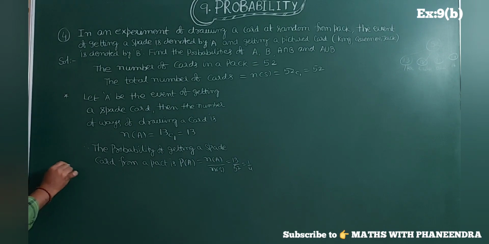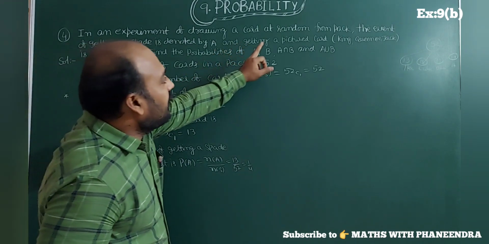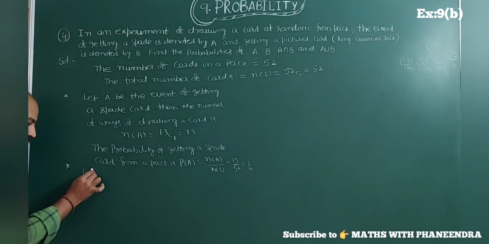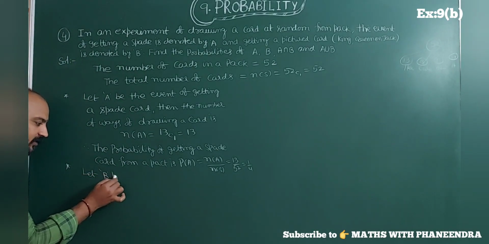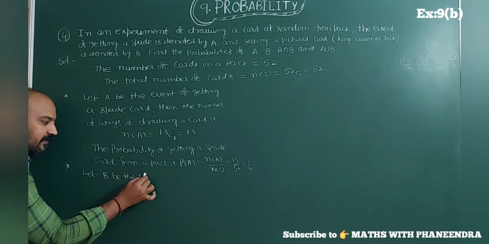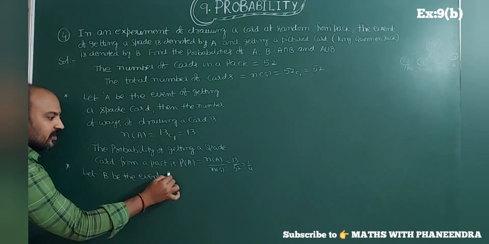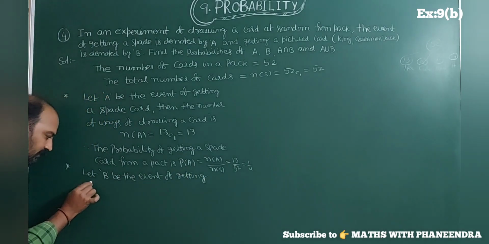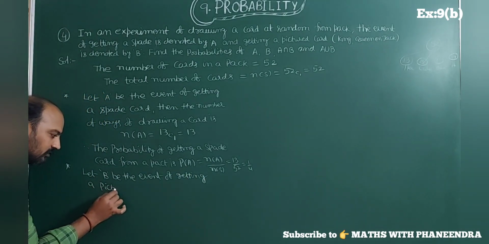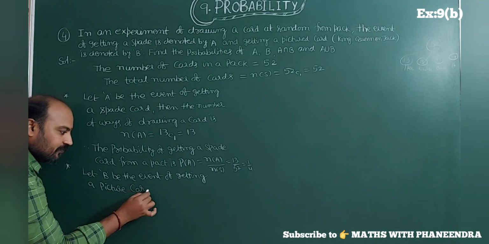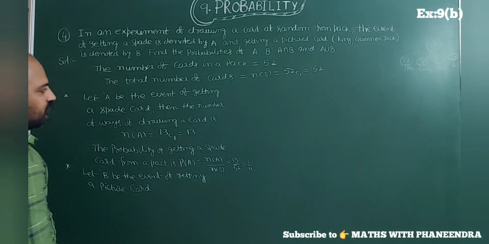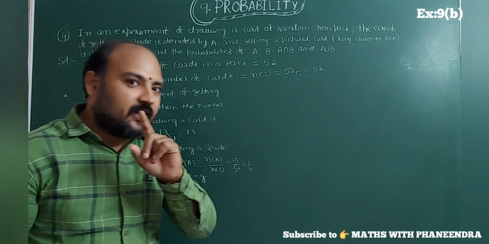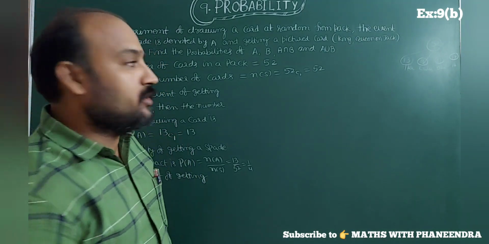Next, what about that B? Getting a picture card. So let B be the event of getting a picture card. See, picture card means here you have to get that idea, dear students.